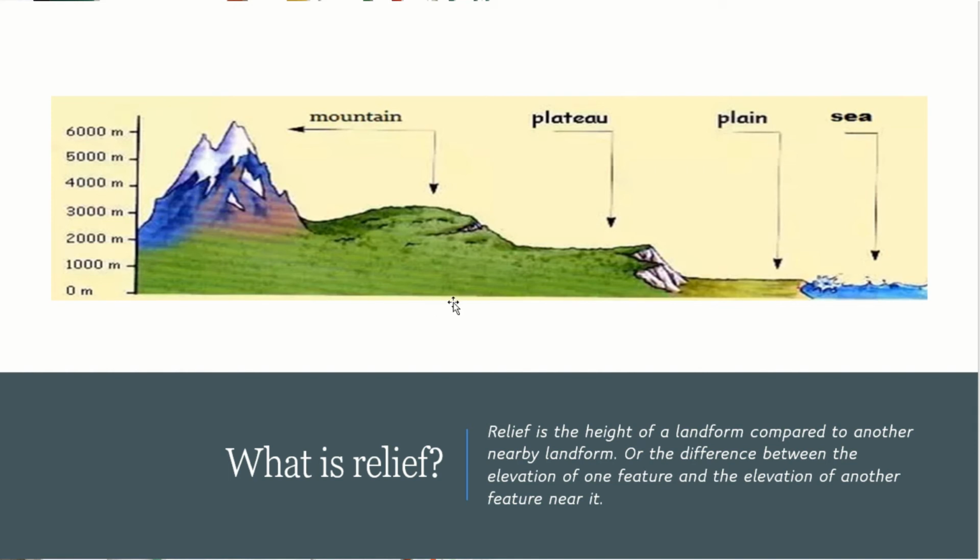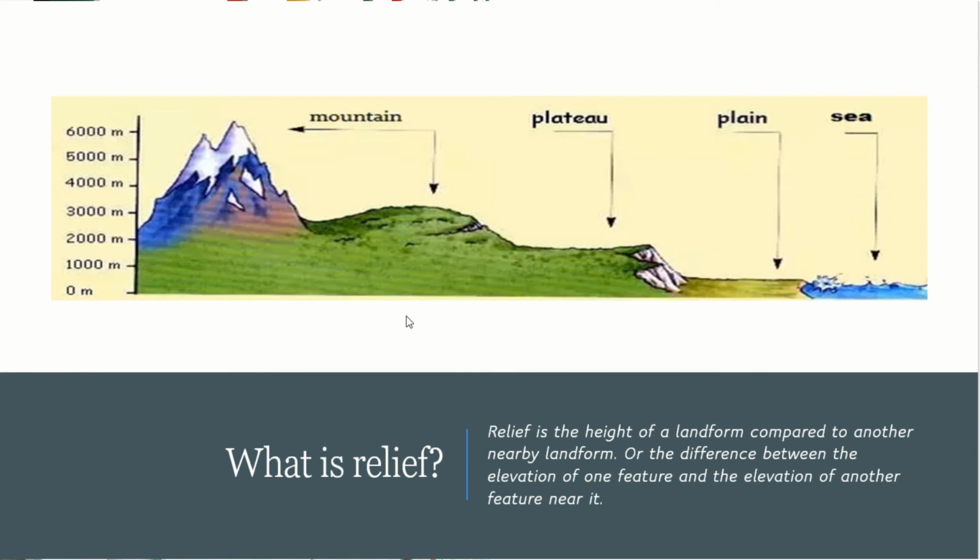The difference will be 1,000, and what will be the relief? 1,000 meters. So the two elevations are plateau and mountain, and the difference between the two, the relief, is 1,000 meters. Similarly, plain and plateau: plateau is 3,000 and plain is 2,000. 2,000 subtracted from 3,000, and the relief will be 1,000.